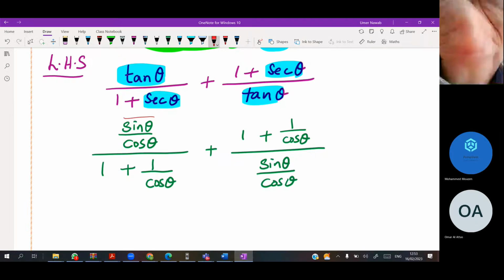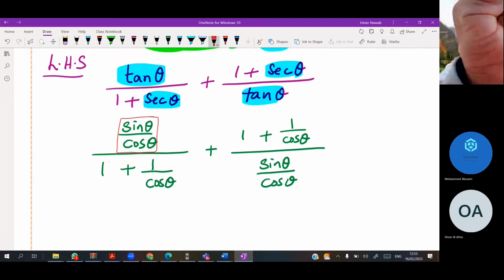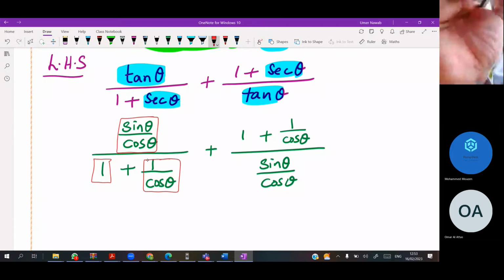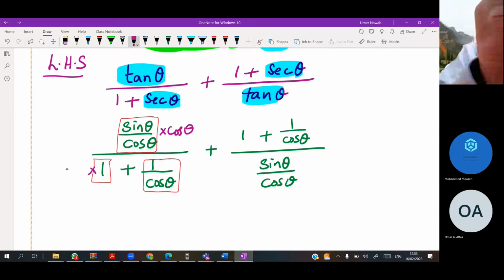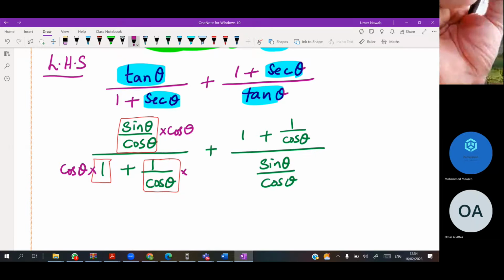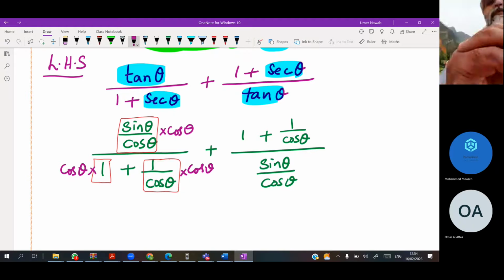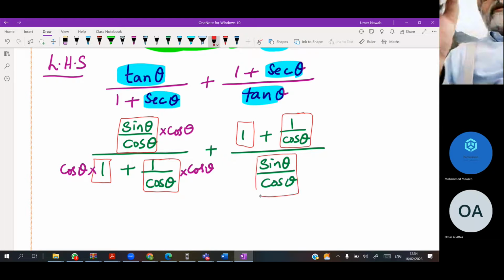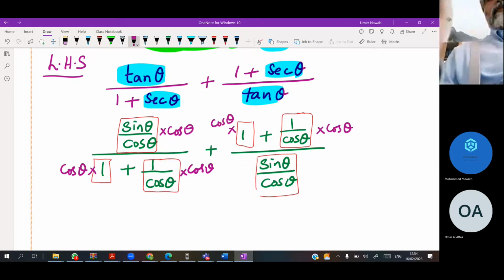Now, can I multiply all the terms with cosine theta just to get rid of the fractions? And same thing here. Multiply everywhere with cosine theta.